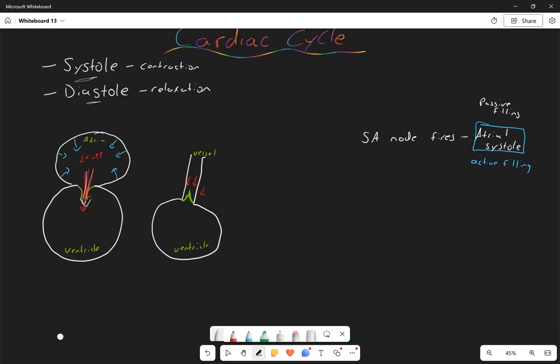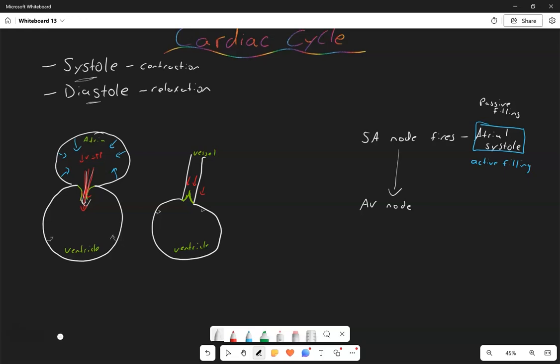Now that signal is going to move from the SA node. Where's it going to move? It's going to move into the AV node, and when it moves into the AV node, the ventricles are going to start to contract a little bit.